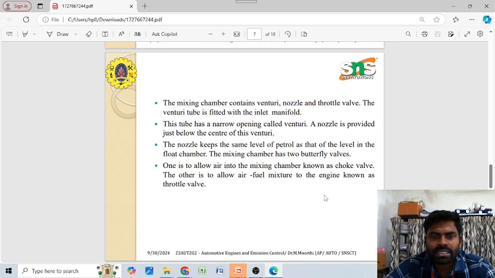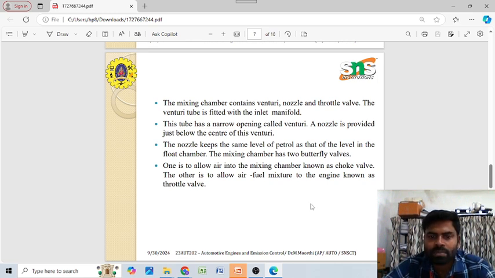The mixing chamber contains the venturi, nozzle and throttle valve. The venturi tube is fitted with the inlet manifold. This tube has a narrow opening called the venturi. A nozzle is provided just below the center of this venturi. The nozzle keeps the same level of petrol as that in the float chamber.